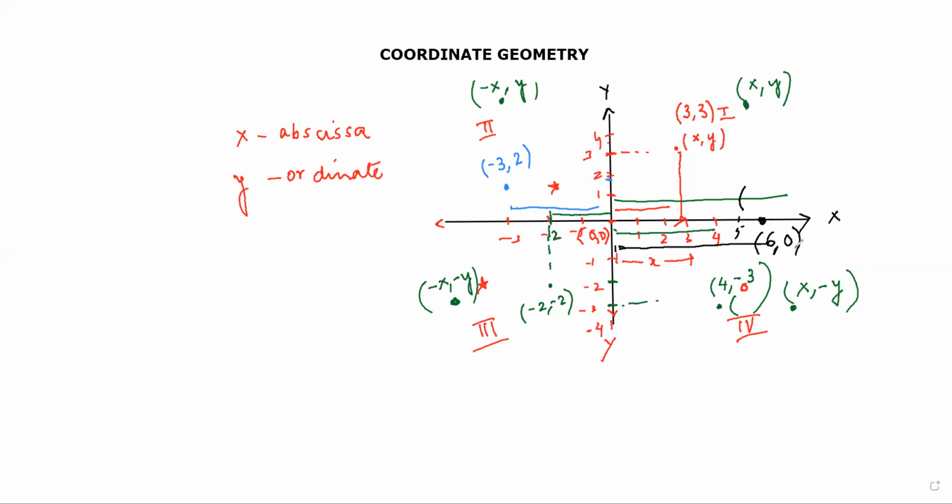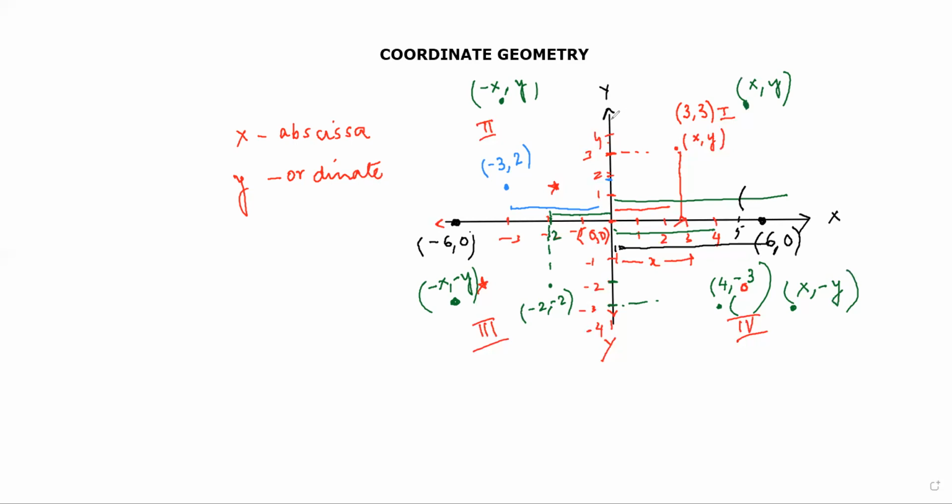So the coordinate of the point lying on the x-axis on the right-hand side is 6, 0. Similarly, if I ask you about this point on the left-hand side, what is the coordinate? You can now easily tell me it is -6, 0.